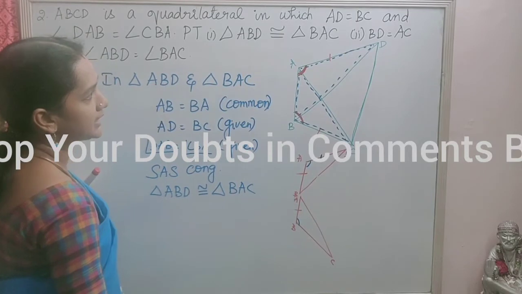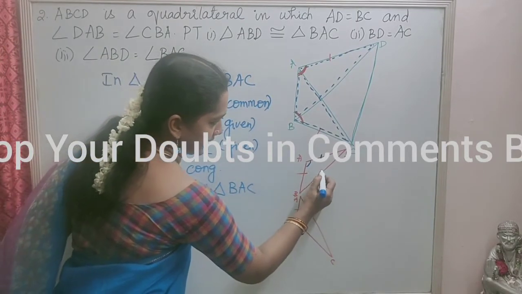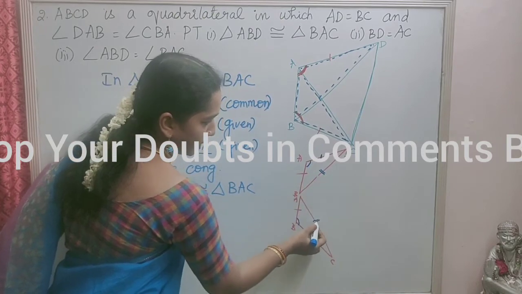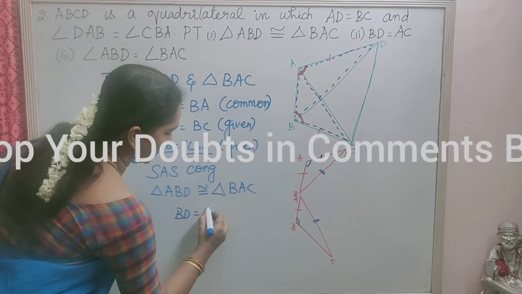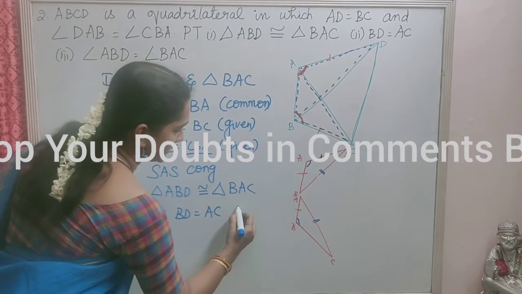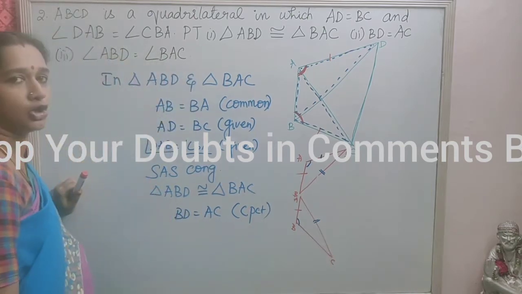Then the second one is BD is equal to AC. BD is this length. BD is equal to AC by CPCT, corresponding parts of congruent triangles.